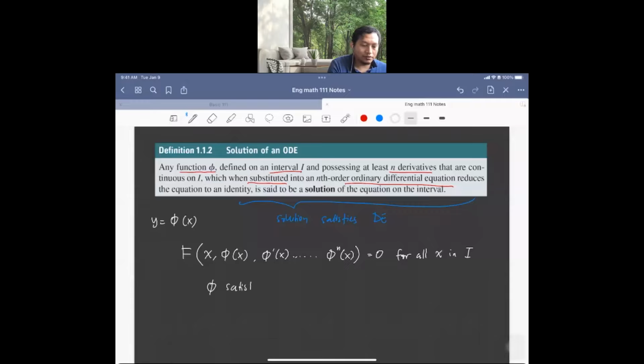So we say that this function satisfies the DE on some interval.